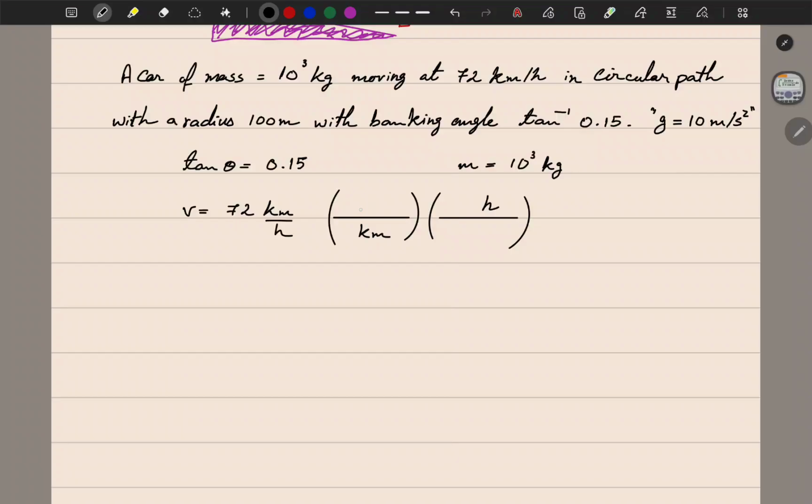And 1 kilometer has 10 to the power of 3 meters, and 1 hour has 3,600 seconds. This is the method I use to convert, which I believe, at least for myself, makes me less vulnerable to making mistakes.